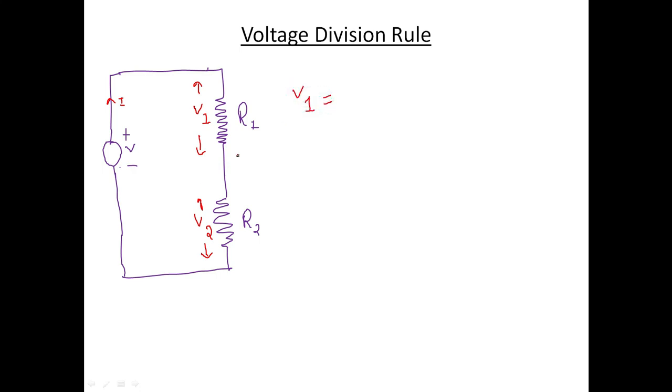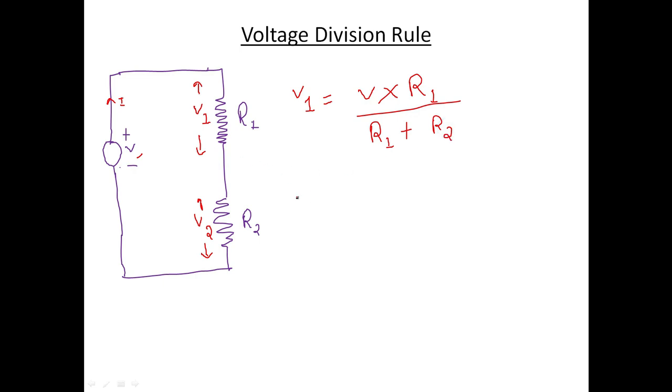So V1 is calculated as V, the voltage that is coming from the source, multiplied by R1, and in the denominator the summation of both the resistances, that is R1 plus R2. This is the voltage across V1.